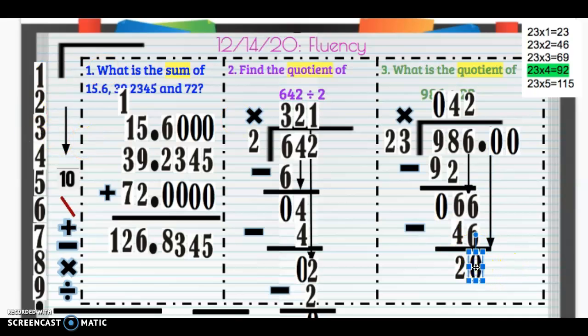Now we got to ask ourselves, how many times does 23 go into 200? Well, I'm only at 5, and that's at 115. So I'm going to keep going with my list. I'm going to do 23 times 6, which on my scrap piece of paper is 138.